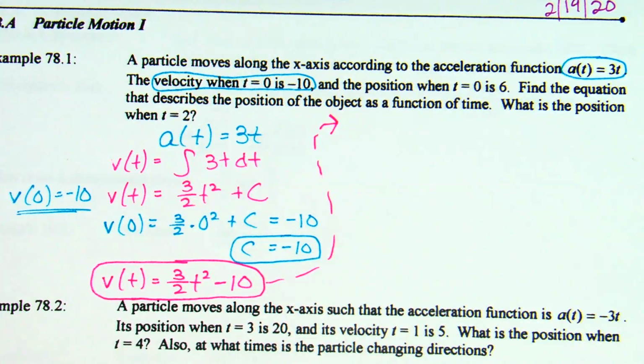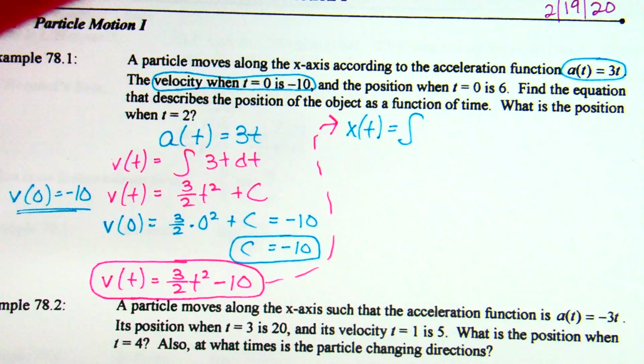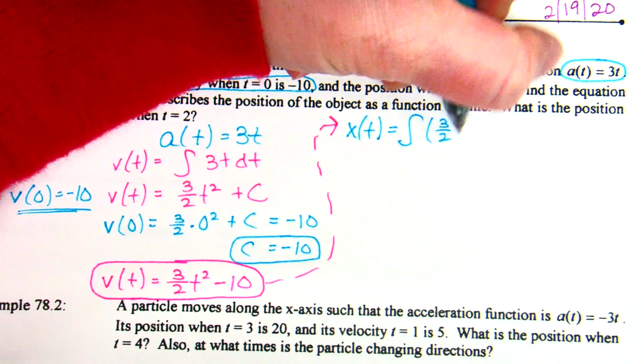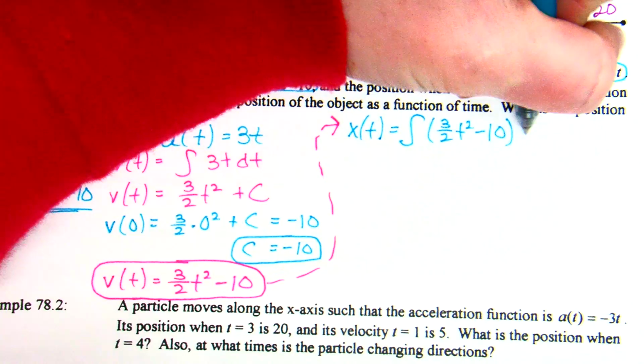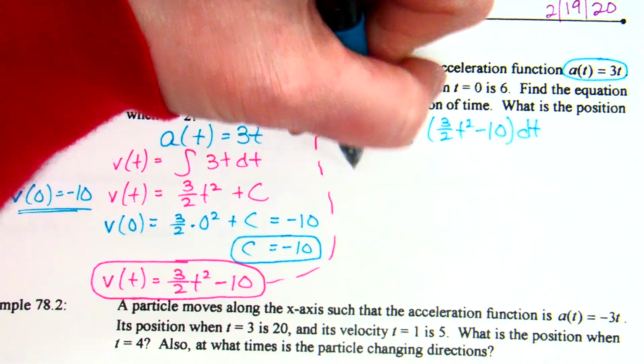I'm going to use x of t. So x of t is the integral of what we just did, the 3/2 t squared minus 10, dt. So this is x of t we're working on.